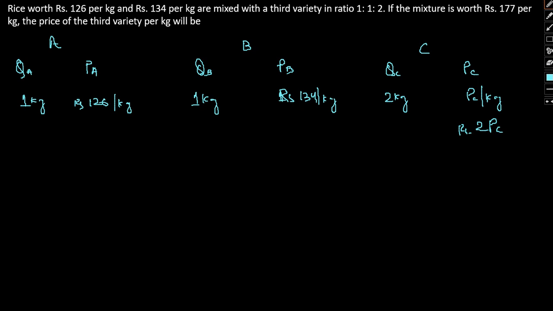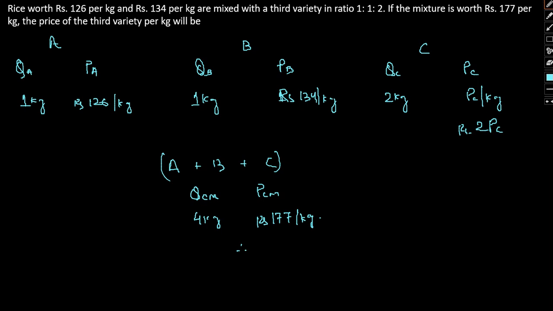Now when we combine all this, A plus B plus C, let this be the combined mixture. So quantity of combined and price of combined. Total quantity is 1 plus 1 plus 2, that is 4 kg, and the mixture is 177 rupees per kg.